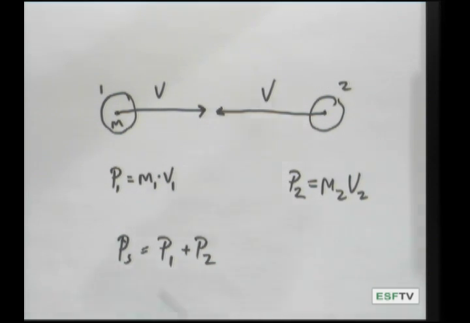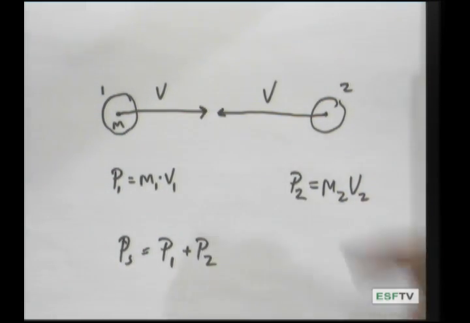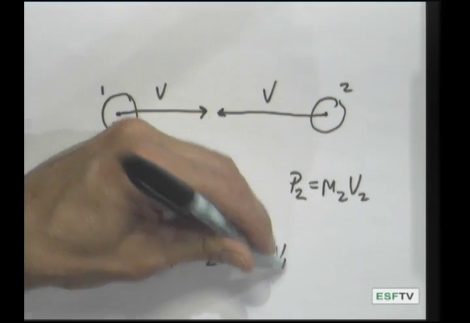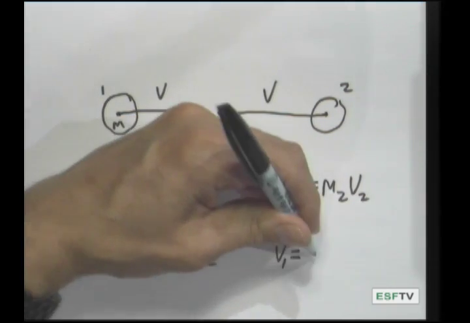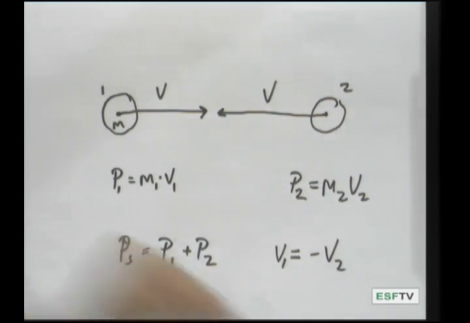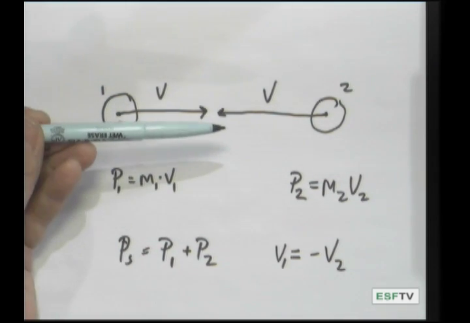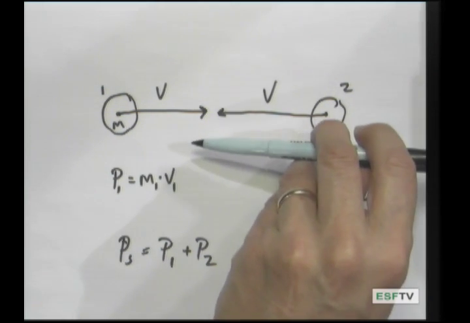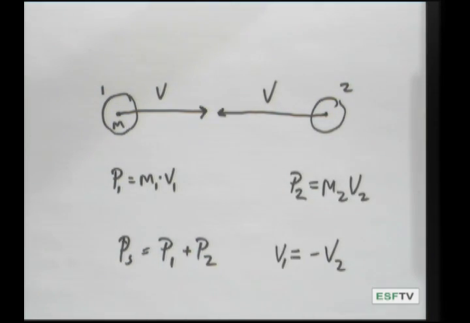Now, let's pretend, as I said, that the speed of both is the same, that the mass of both particles is the same, but the directions are exactly opposite to one another. What we can say then is that V1 is actually equal to the negative of V2. If we define this direction as a positive direction, we must therefore define this direction as the negative direction.